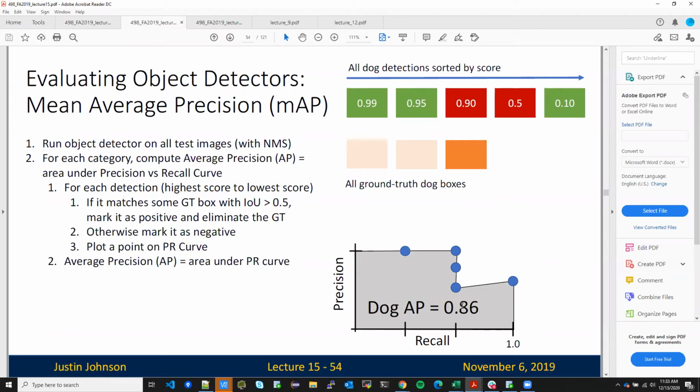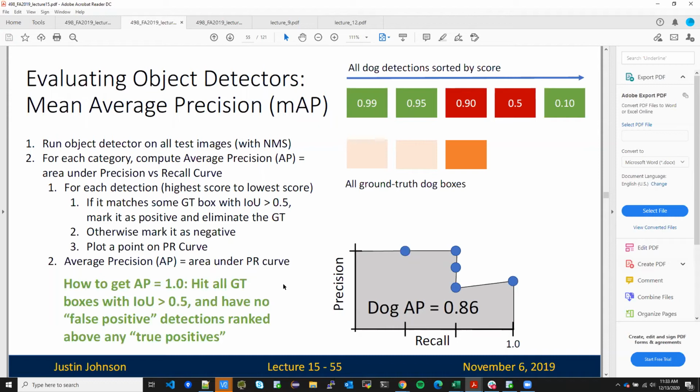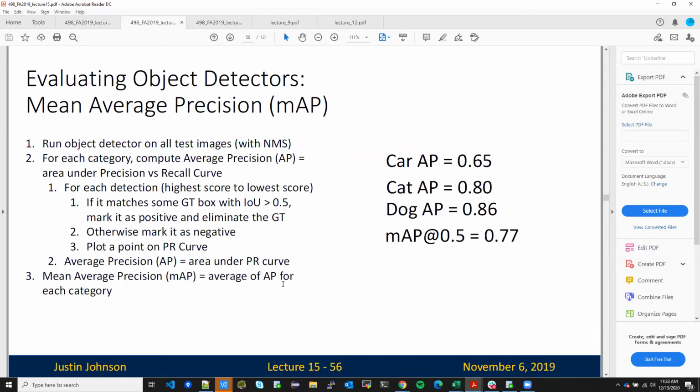We have done this for one category, but you might have multiple categories, so you would do this for every category that you care about. You would have a car average precision, cat average precision, and dog average precision.